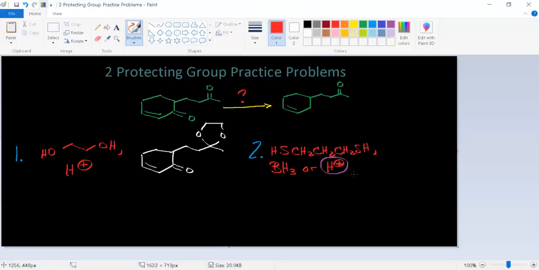And then this is followed up by, so I guess I could write 2B, and I can say this is 2A. And that's followed up by the hydrogen and Raney nickel. H2 and Raney nickel. And our final product will be exactly what is above in green.